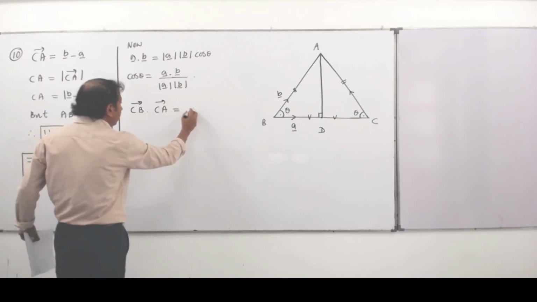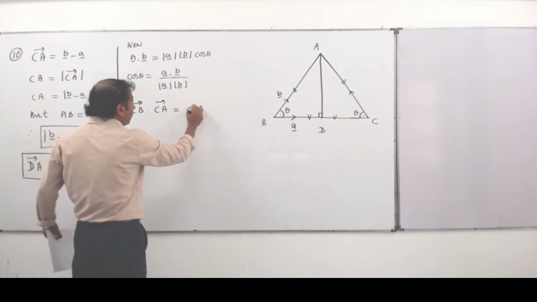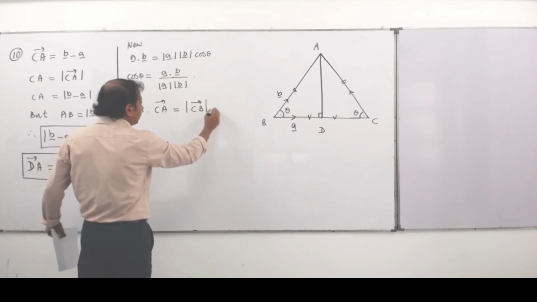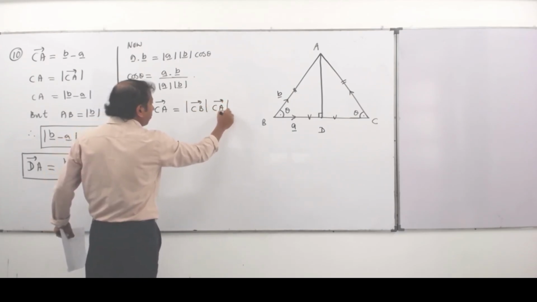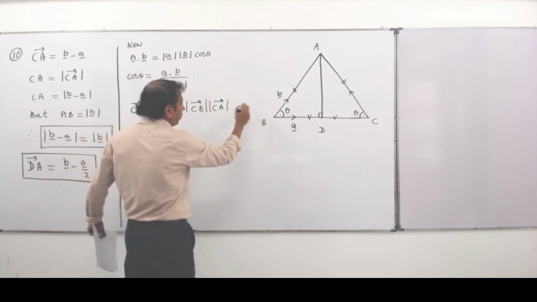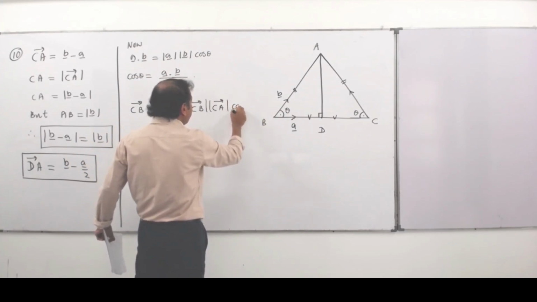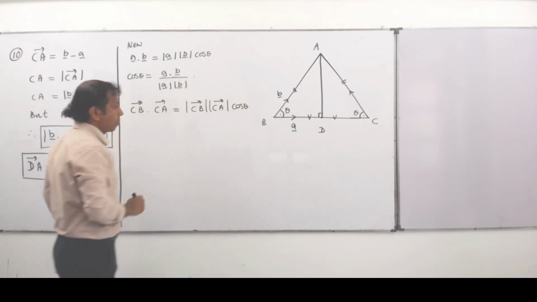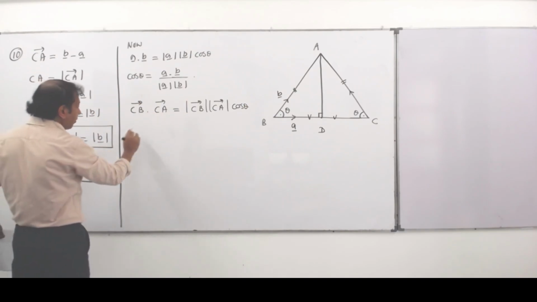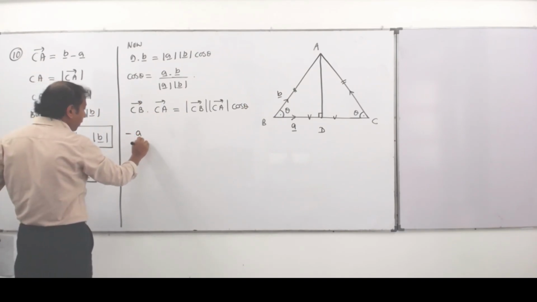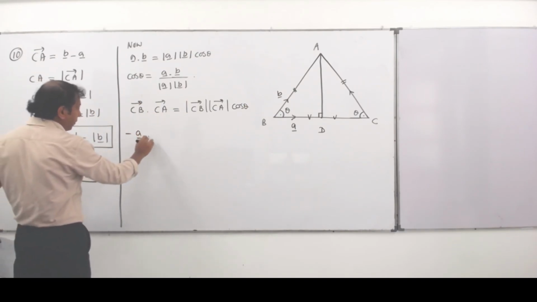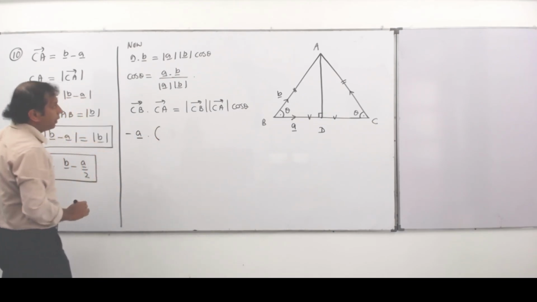Right. We write this one, people, how? CB modulus into CA modulus. Angle between them is theta, no? Cos theta. CB is minus A dot CA.